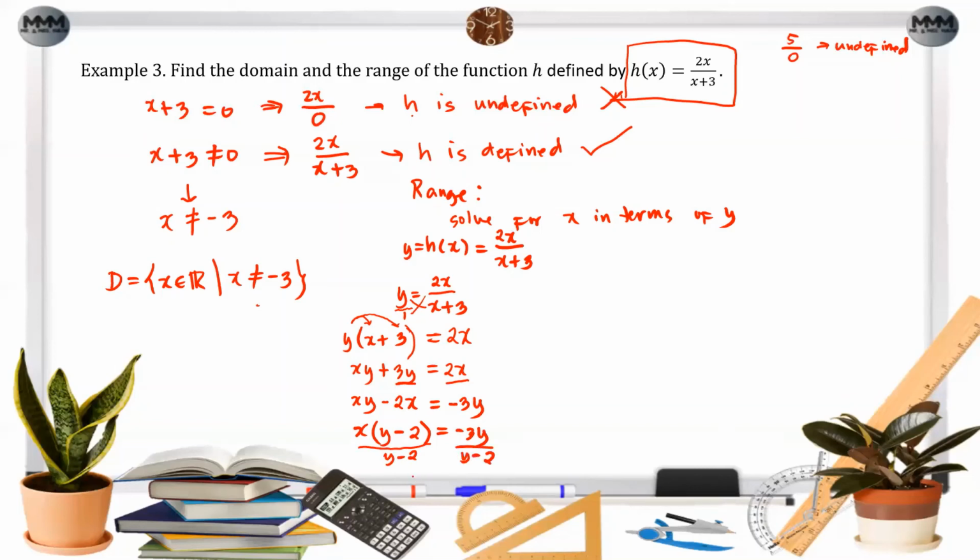Therefore, this cancels. So what is left? We have x equals negative 3y over y minus 2.